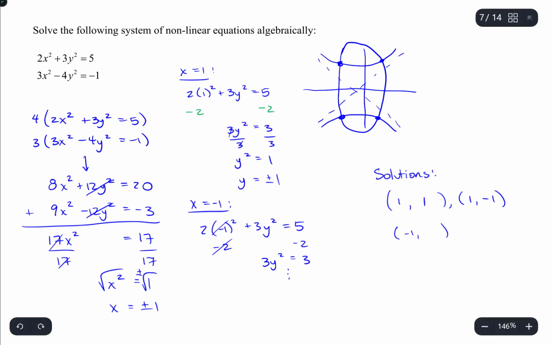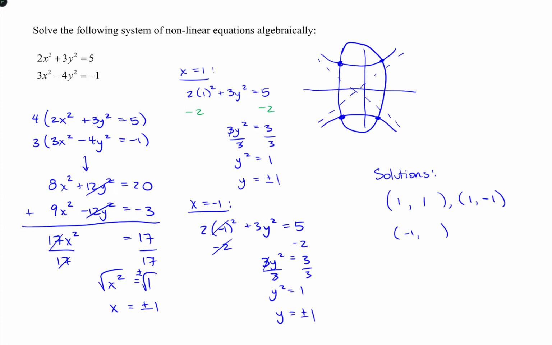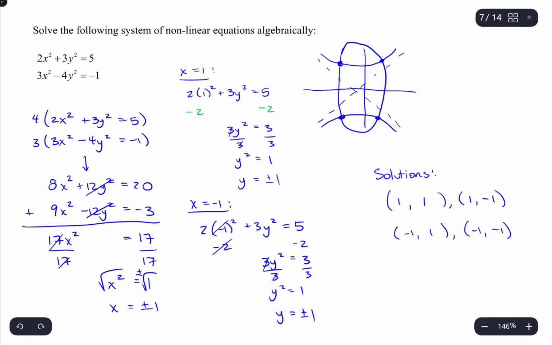I should show those steps, I suppose. When I divide by 3, I get y squared equals 1, or y equals plus or minus 1. So I can have x is negative 1, y is positive 1, and when x is negative 1, y could also be negative 1. So there were a total of 4 solutions here.